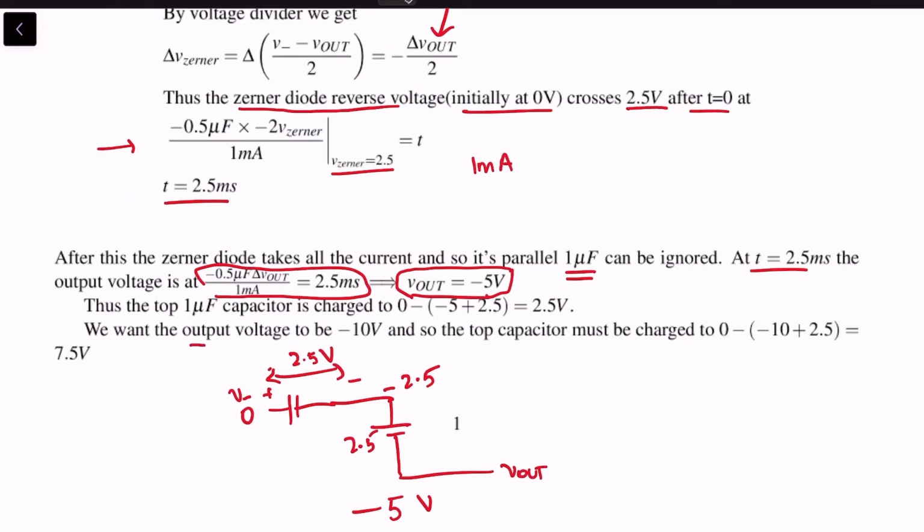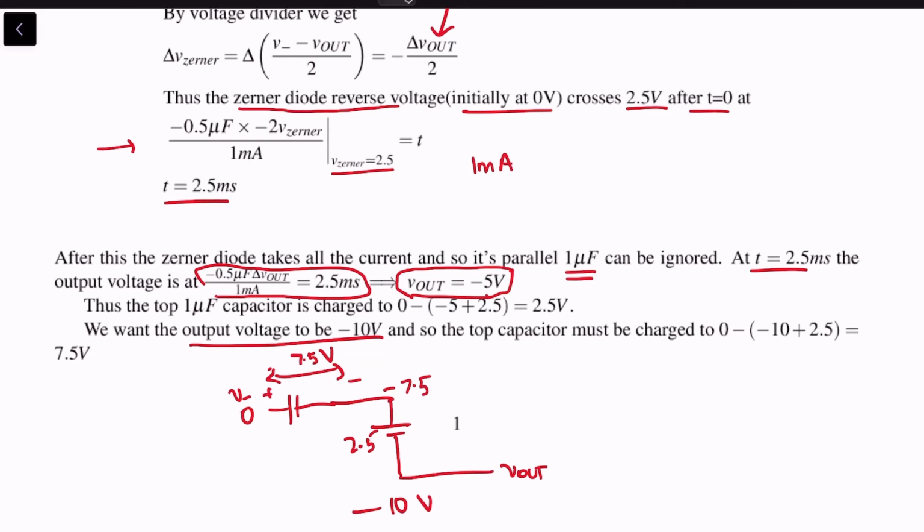We want the output voltage to be minus 10 volt. The Zener diode voltage doesn't change, so minus 10 plus 2.5 is minus 7.5. So the top capacitor should charge up to 7.5 volt with that polarity.